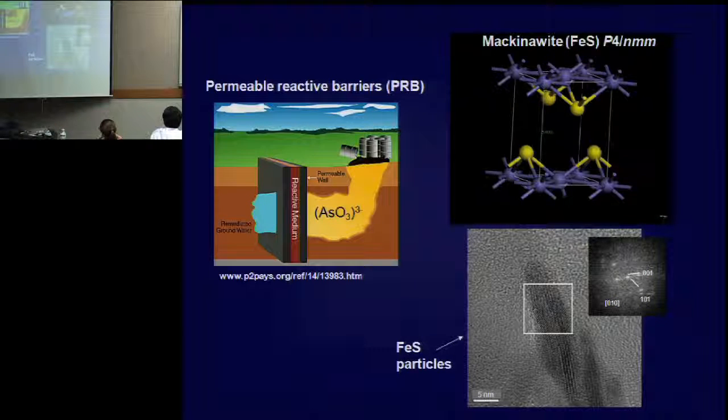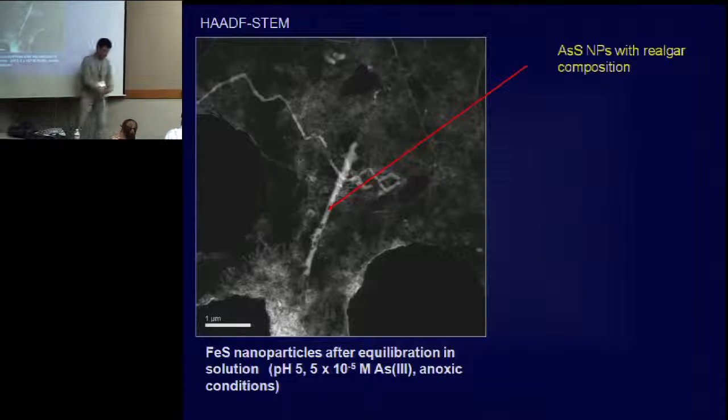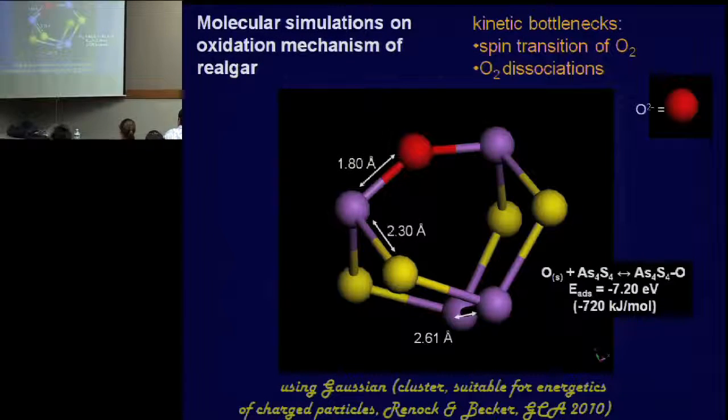It's FeS, and probably you feed some bacteria that keep the redox mechanism going. And what you get are funny-looking nanorods that look like this, which are arsenic sulfides of different compositions. And then the question is, are these stable forever? And do we understand the mechanism by which they oxidize?